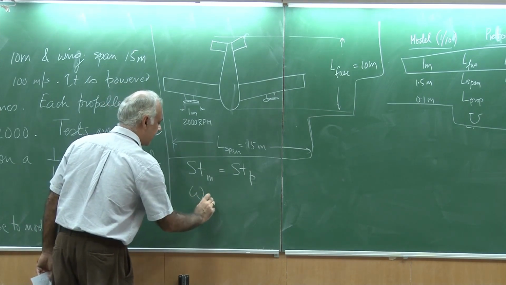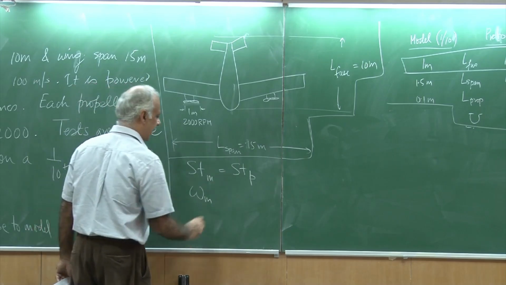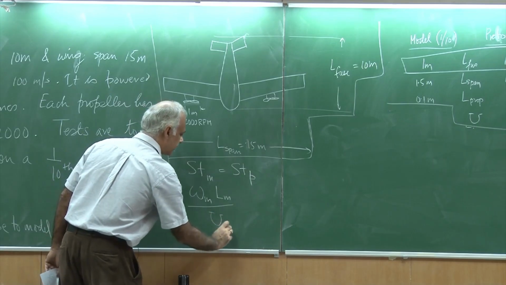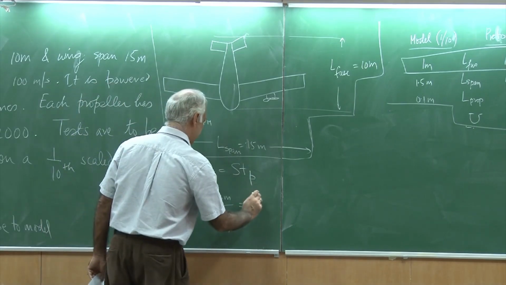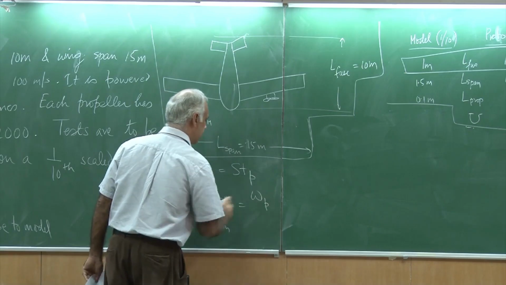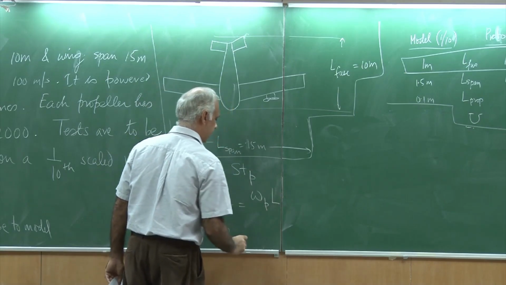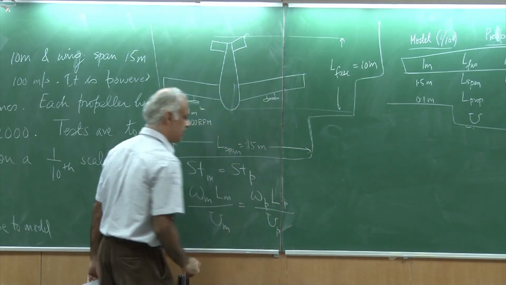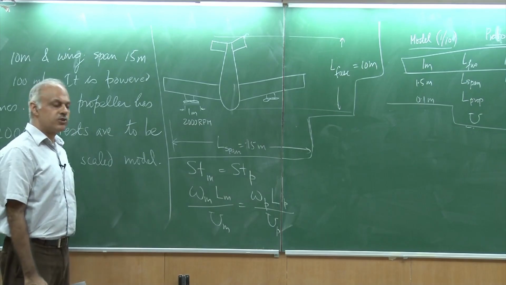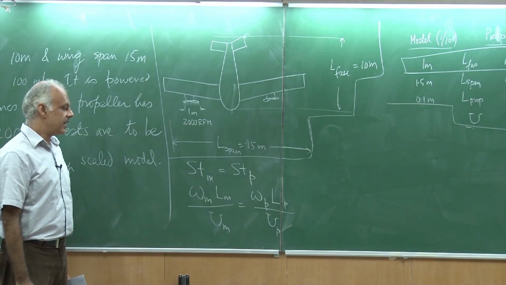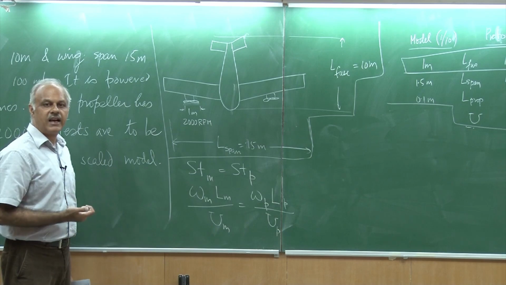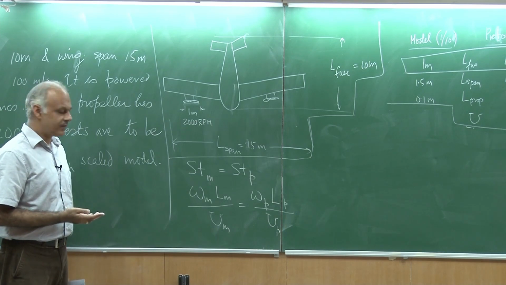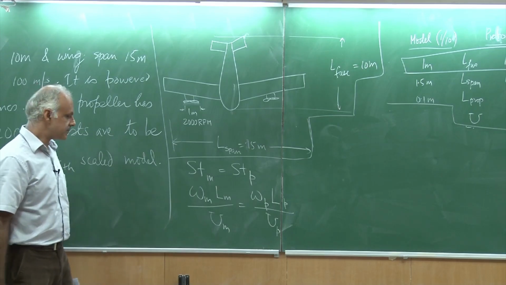So omega m times the length scale times the u of the model should be omega for the propeller in the prototype, L in the prototype and u in the prototype. This would ensure dynamic similarity if we match the Strouhal number and the Reynolds number. Of course, we have already sacrificed the Reynolds number. Let us see what happens to the Strouhal number.